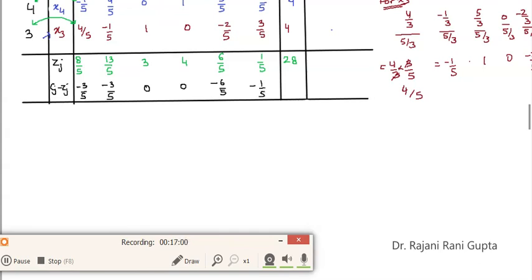So what we can see here is all Cj minus Zj are either negative or 0. So we reach the optimal solution. So the solution is optimal.